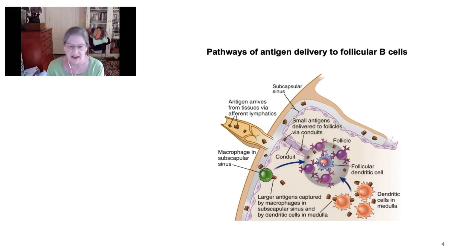They don't move around, but they do capture antigen, and the antigen can come to them either from the periphery coming in through the afferent lymphatics. So that's, remember, you've got a flow of lymph fluid coming through and percolating through these lymph nodes on their way back to the right heart, where all lymphatic fluid joins up with basically the superior vena cava going into the right heart.